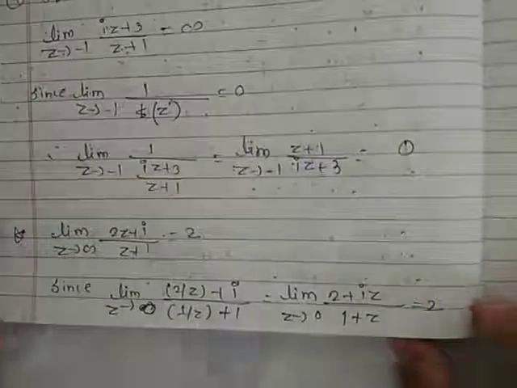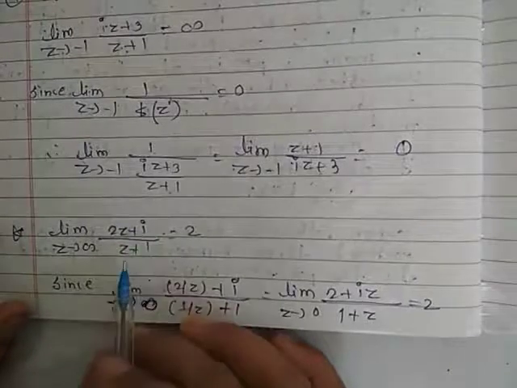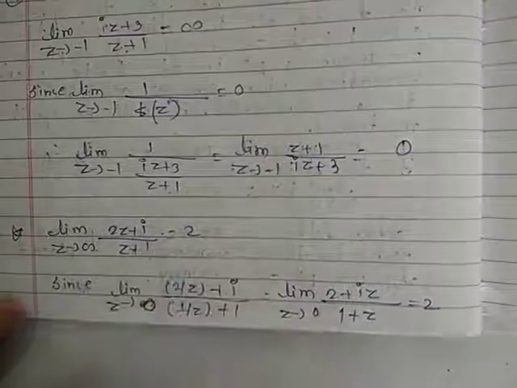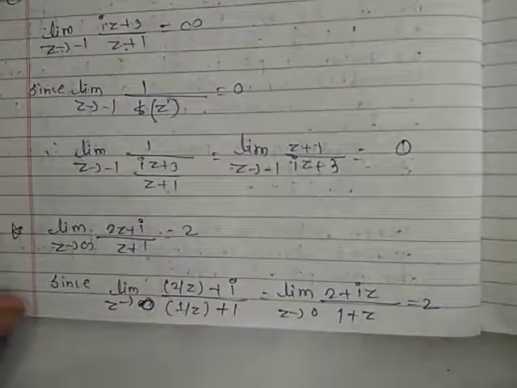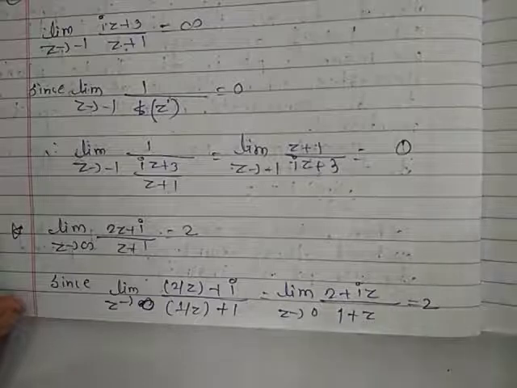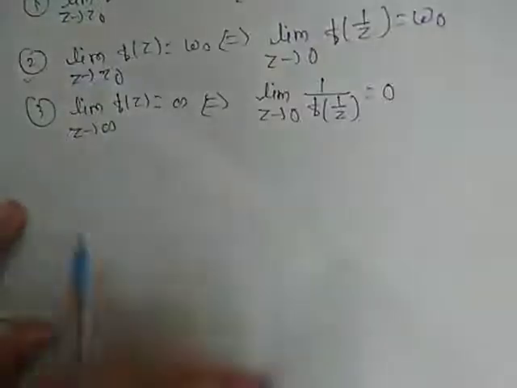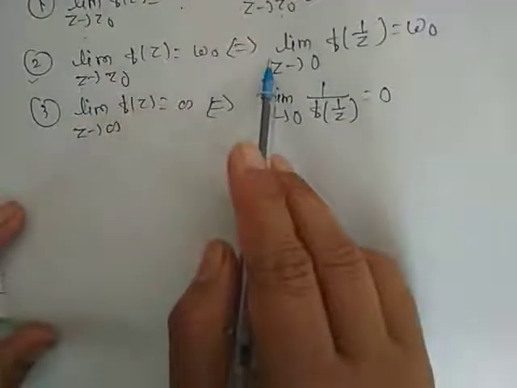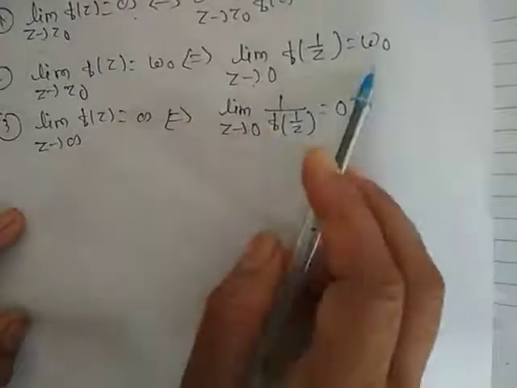Let us see the next example. Limit z tends to infinity of (2z plus i) upon (z plus 1) is equal to 2. Why? We will do this example by using the second part: limit z tends to infinity of f(z) is equal to omega 0 if and only if limit z tends to 0 of f(1 by z) is equal to omega 0.